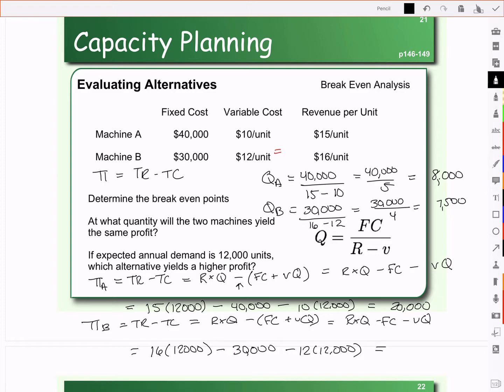So we take our 16 times 12,000 minus 30,000 minus 12 times 12,000, and we find 18,000.